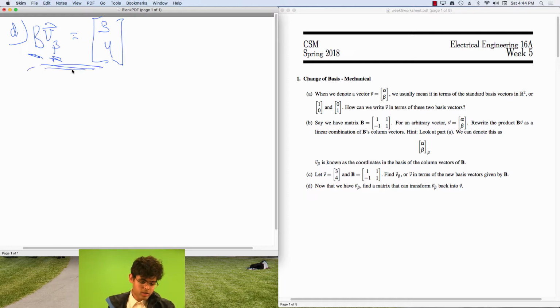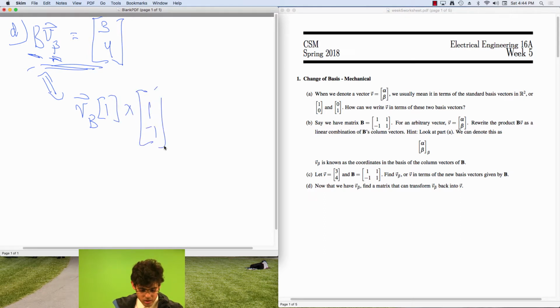We made this equation to express the idea that the first element of VB times the first column of B, which was 1, negative 1, plus the second element of VB times the second column of B, so 1, 1, should give us 3, 4.